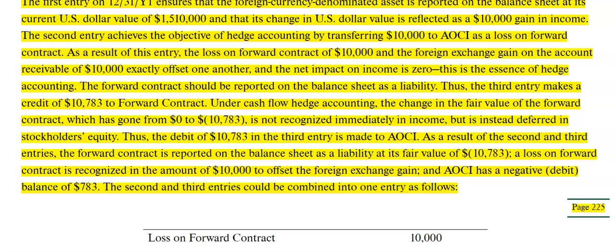As a result of the second and third entries, the forward contract is reported on the balance sheet as a liability at its fair value of $10,783. A loss on forward contract is recognized in the amount of $10,000 to offset the foreign exchange gain, and AOCI has a negative, debit, balance of $783. The second and third entries could be combined into one entry as follows: page 225.